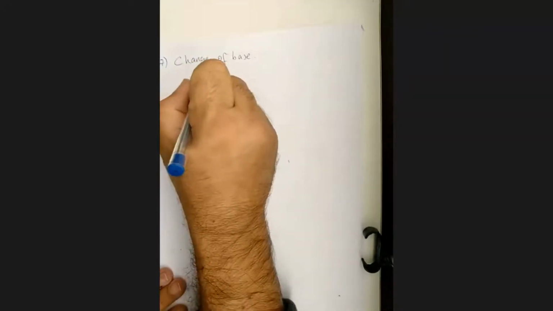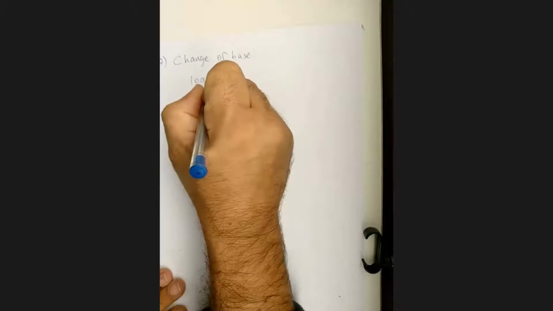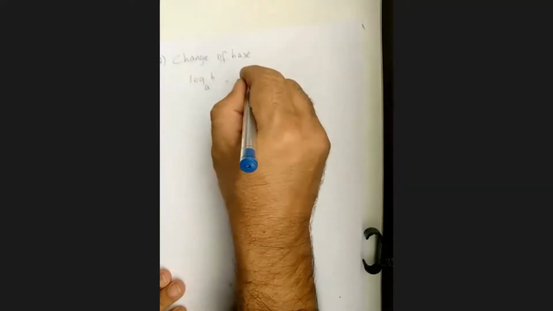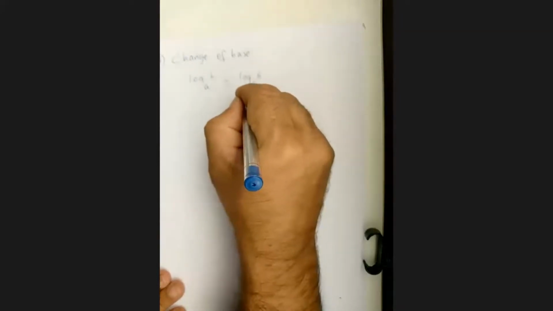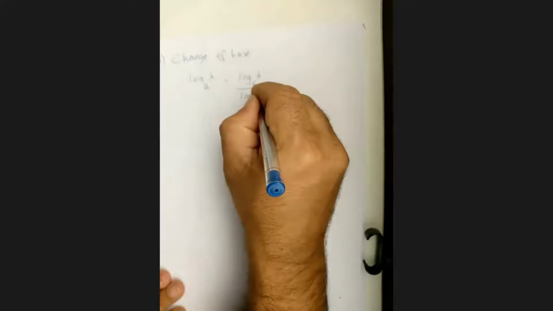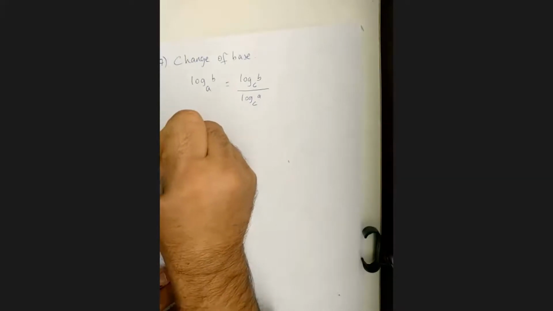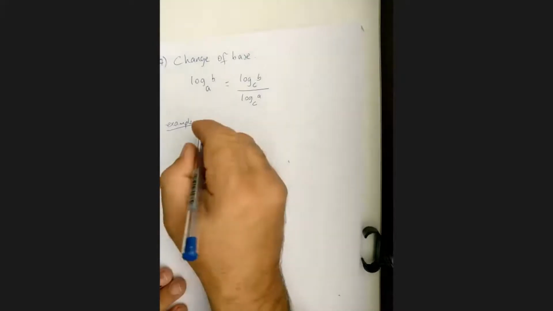If you want to write logarithm of b to base a in a different base, say c, this is equal to logarithm of b to base c over logarithm of a to base c. Let's use that one with a different example.